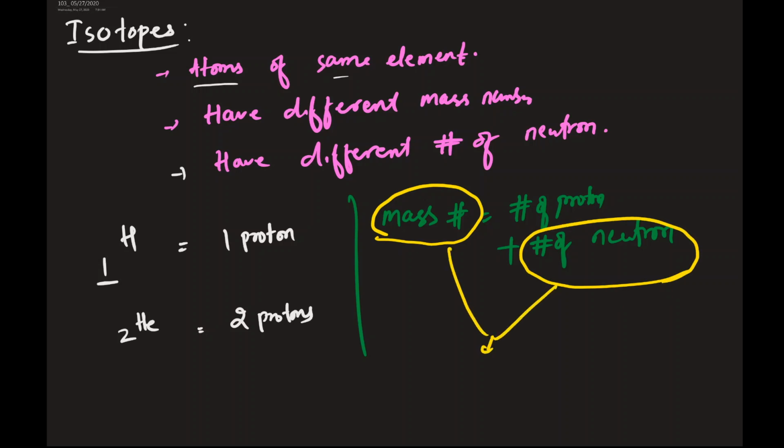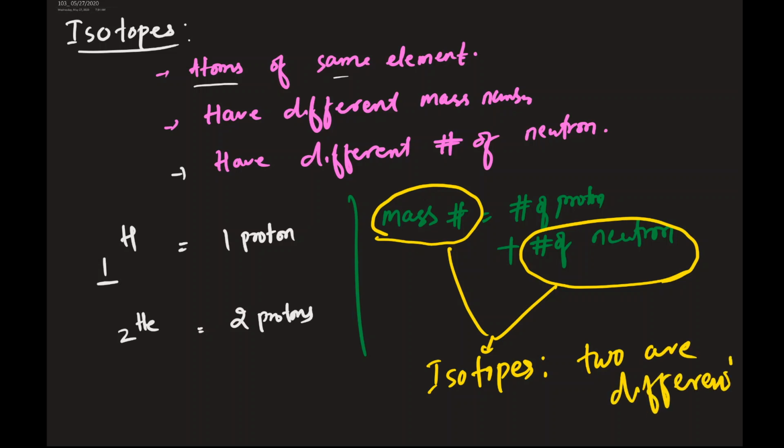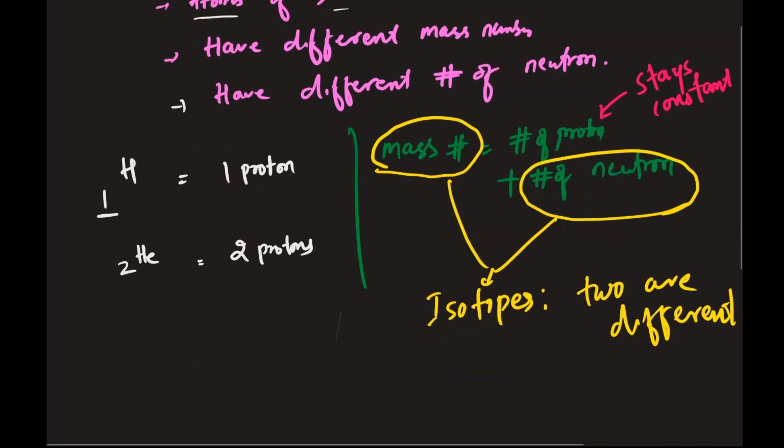In isotopes, these two are different. And what stays constant? The number of protons stays constant, because you cannot change it.